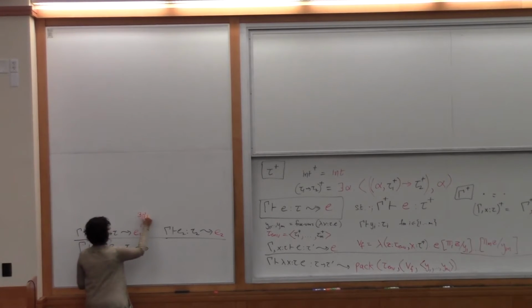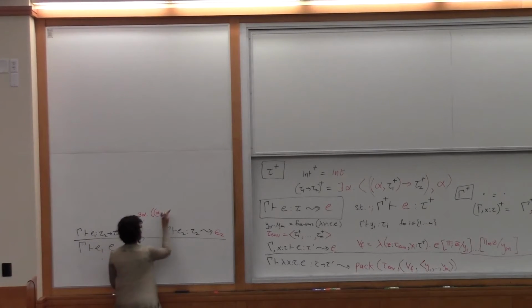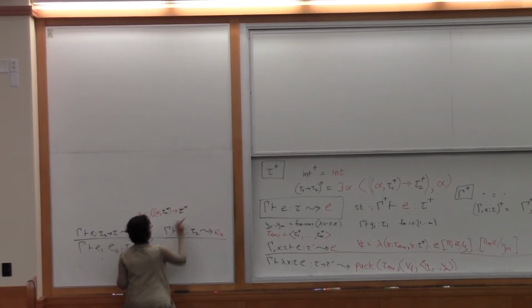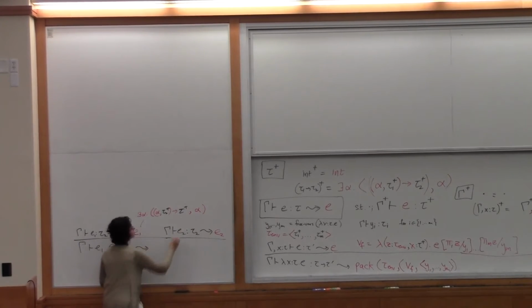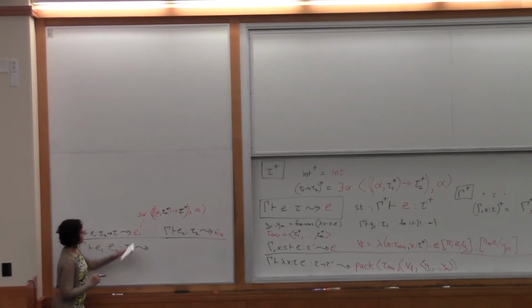The type of this is exists alpha, and then a function that takes in alpha and tau 2 plus, and returns a tau plus, and then that is paired with an alpha.